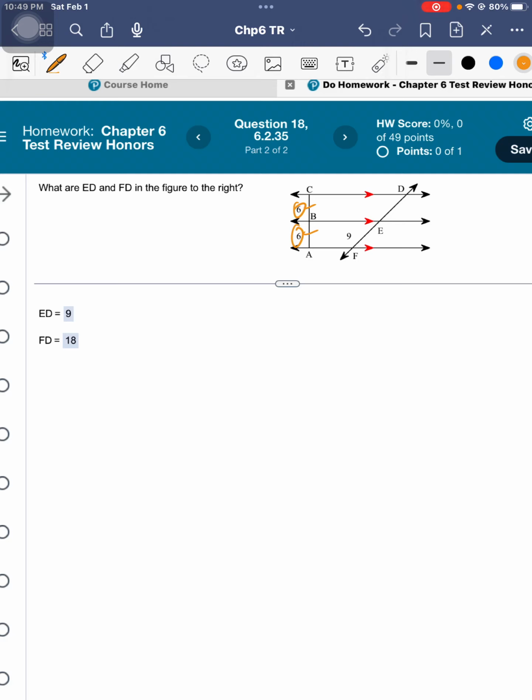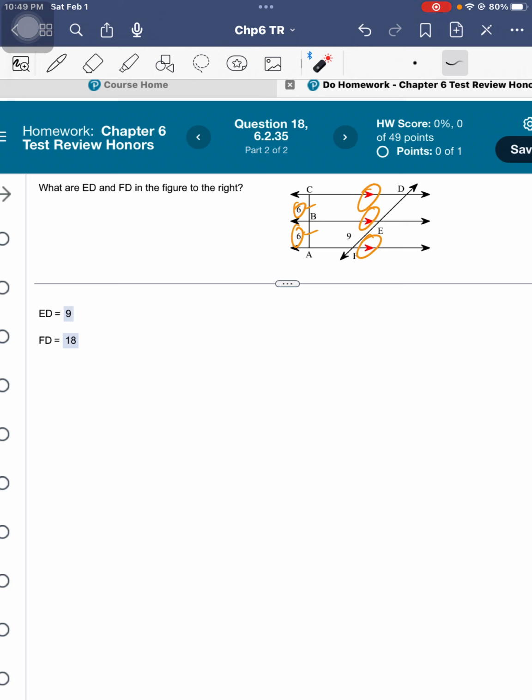So remember, if I have at least 3 parallel lines and a transversal passes through them and cuts the parallel lines into congruent segments, then I know that every other transversal that I draw is also going to be cut into congruent segments.